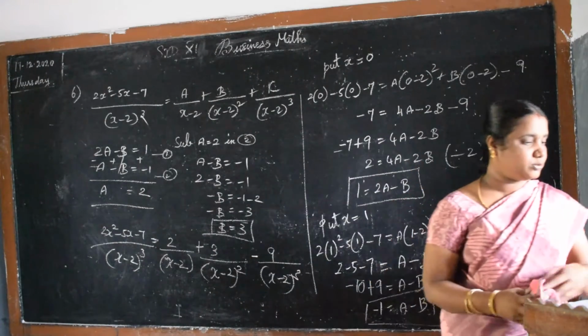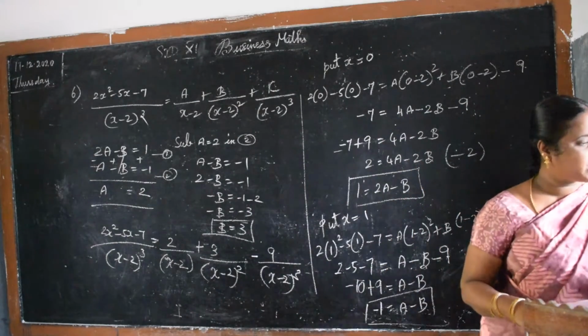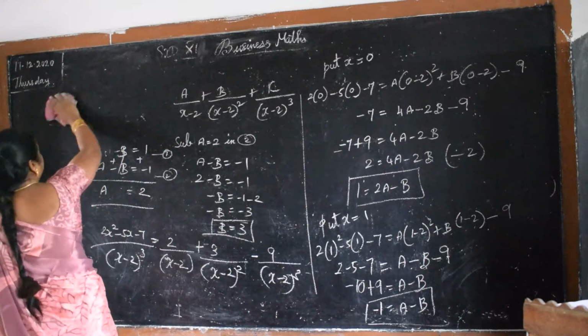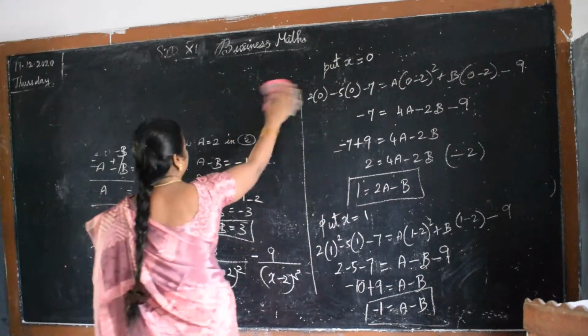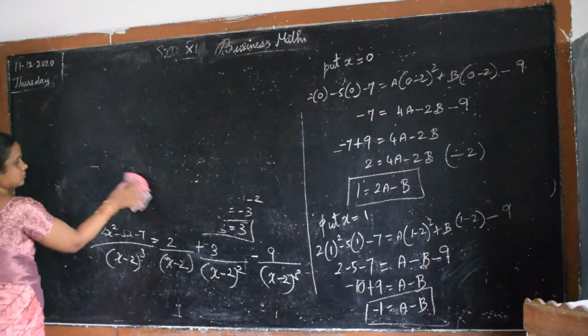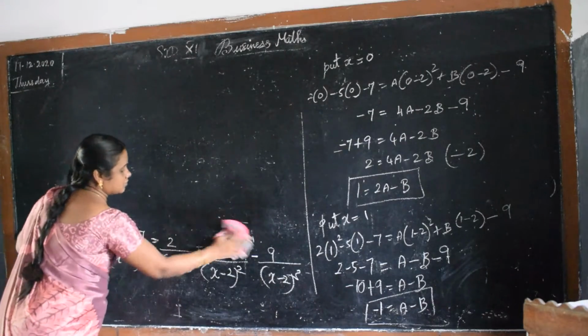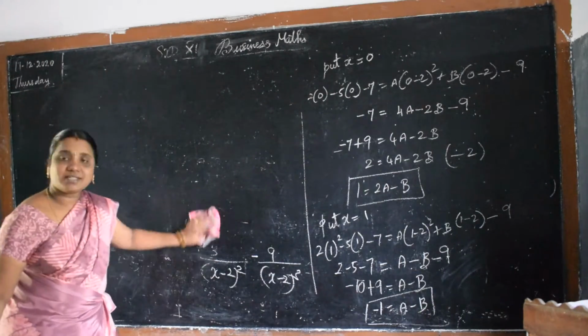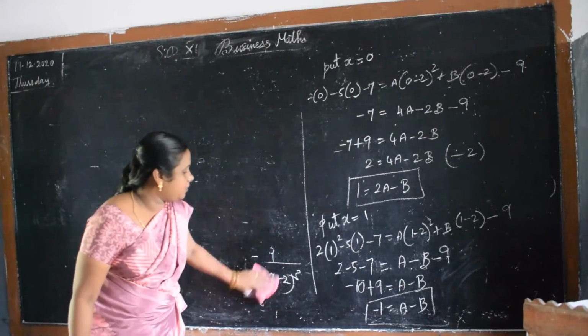Next I am going to do, see here, the 7th problem. This is also the second type. What is the second type? Denominator with non-repeated factor.